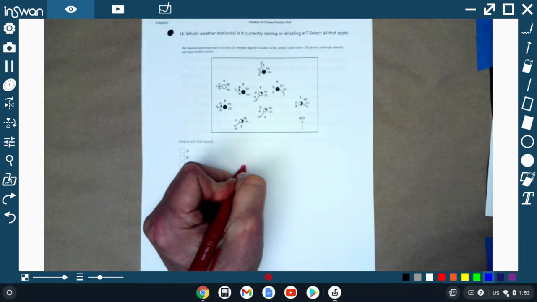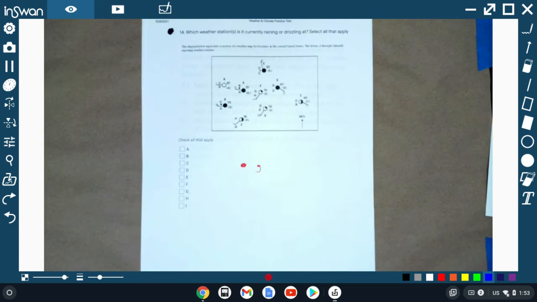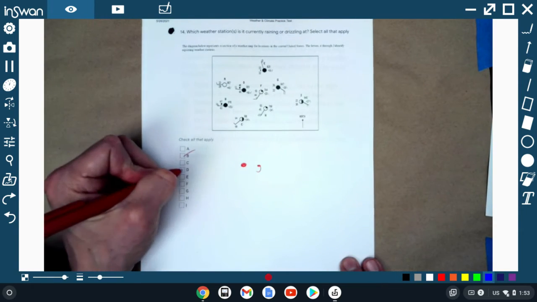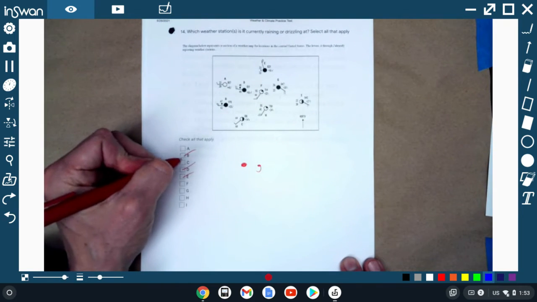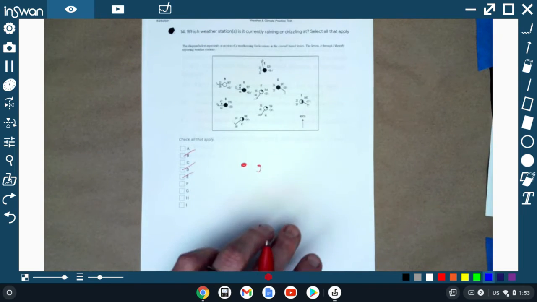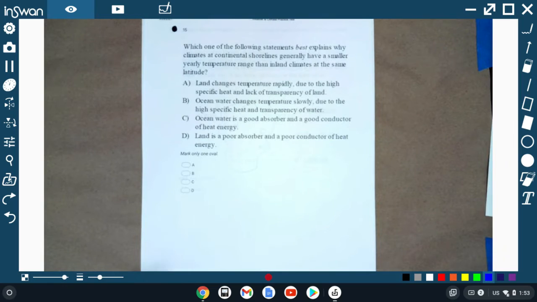So we're looking for a dot next to the big circle, or we're looking for a comma. And the ones that have that are location B, location D, and location E. So we have rain at B and D, and location E has some drizzle. Remember, page 13 reference table helps you with your station models.